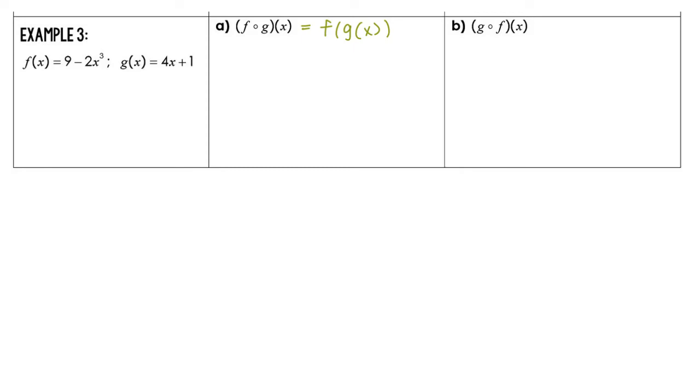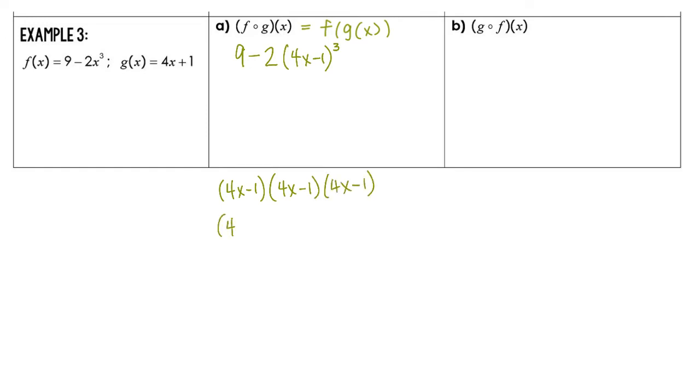When we substitute that in, we're going to have 9 minus 2x cubed, but in place of x, I'm putting function g, so that's going to be 4x minus 1, all cubed. And now we need to multiply that out. So down here at the bottom, we have 4x minus 1 times 4x minus 1 times 4x minus 1.